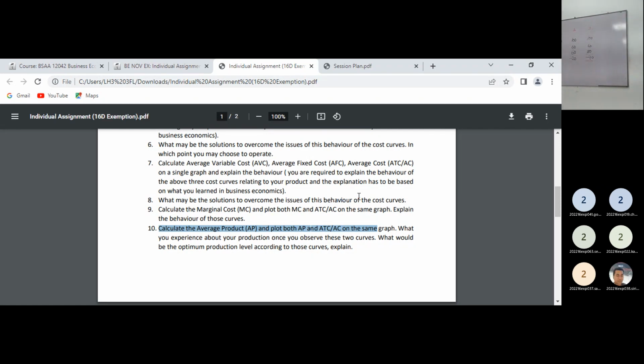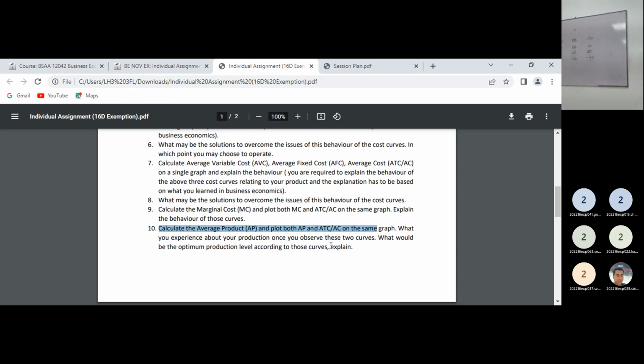What you have to do, you have to draw this in Excel, average product and average cost. Right. So then what would be the optimum production level according to those cost curves? Simply, you know that your average product goes like this, your average cost goes like this. So this is the optimum level, isn't it? So we need to pick this and we have to write something.